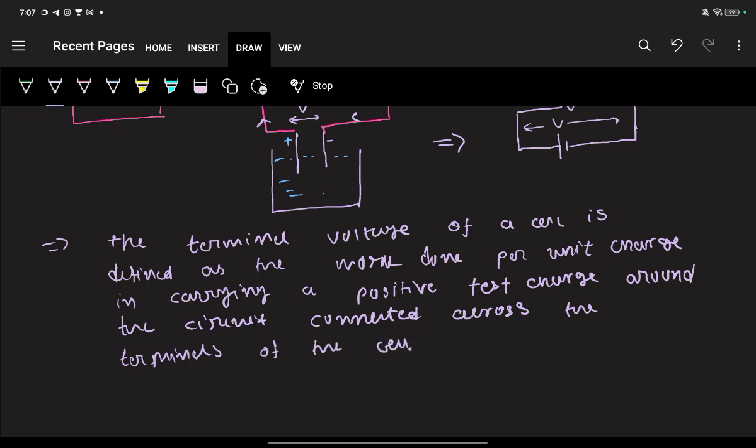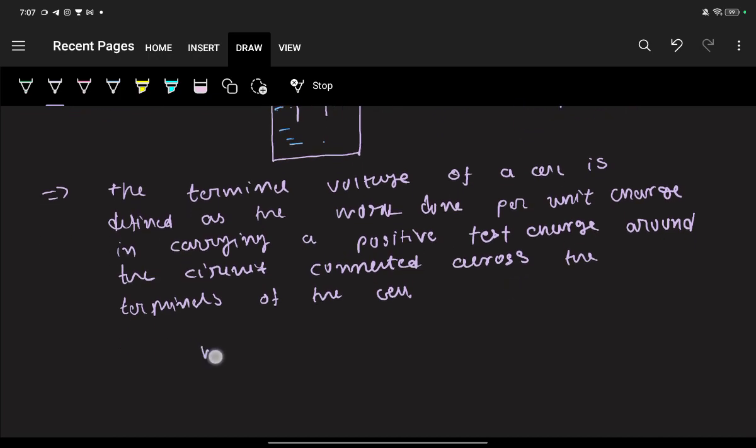Alright? So let's say if W dash is the work done, then work done per unit charge, that is our terminal voltage.